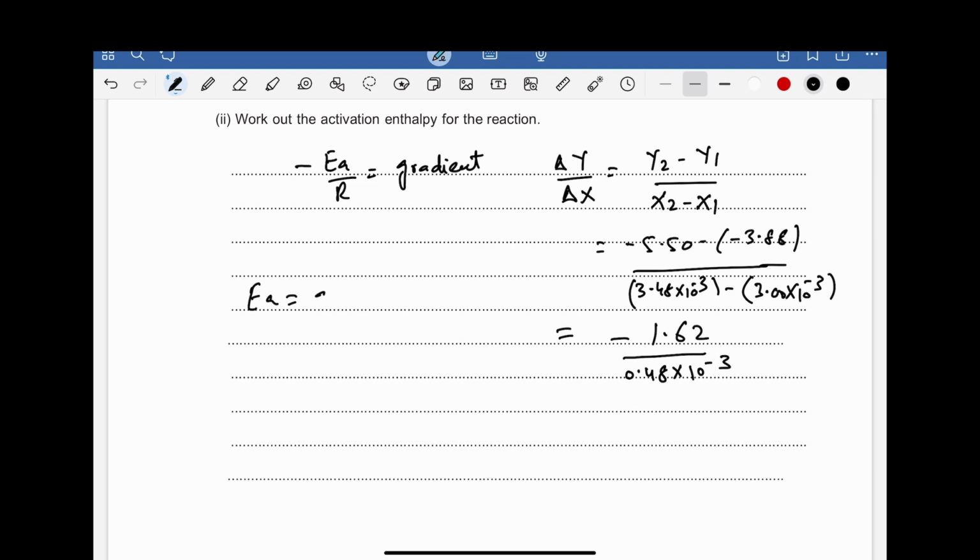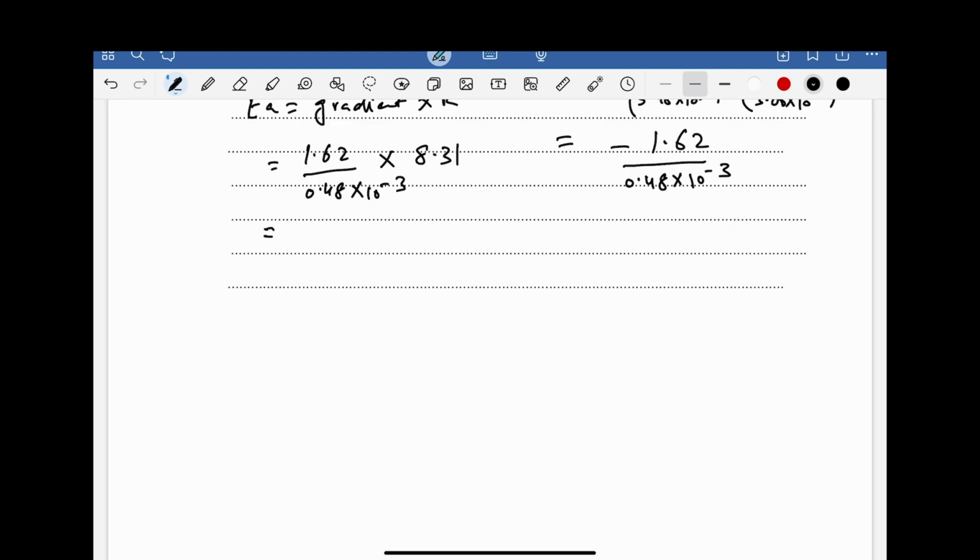Ea will be equal to gradient times the gas constant R. The gradient is, minus and minus will make it plus, 1.62 divided by 0.48 times 10 to the power minus 3, times the gas constant, which is 8.31.